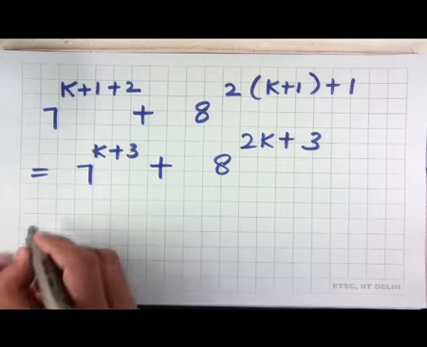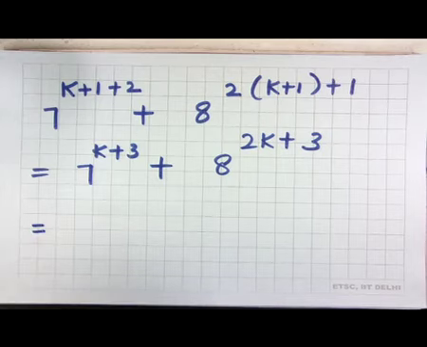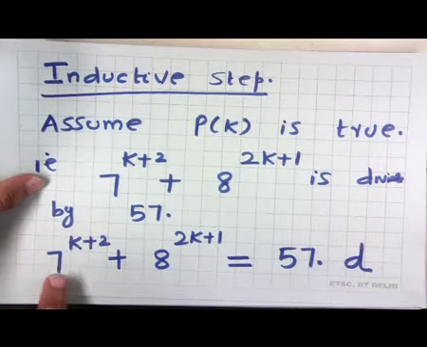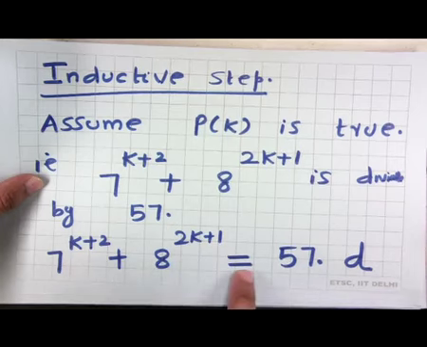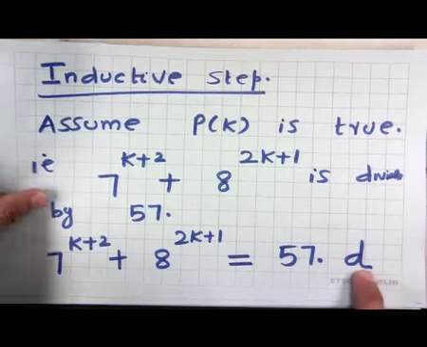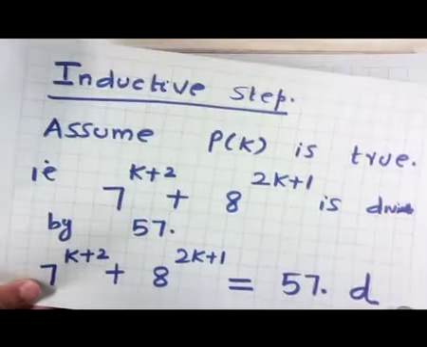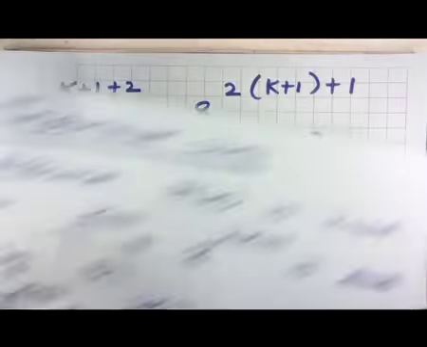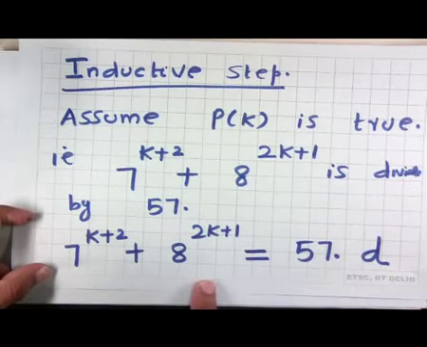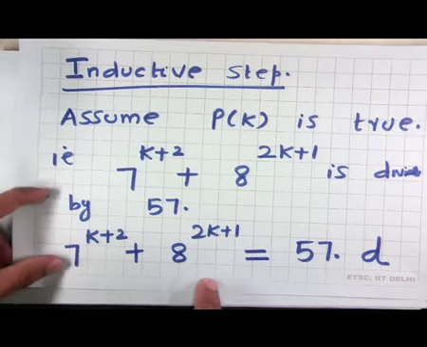Recall, by induction hypothesis, 7 power k plus 2 plus 8 power 2k plus 1 is equal to 57 into a non-negative integer. So, the expression we have, let us try to correlate with this assumption a priori.